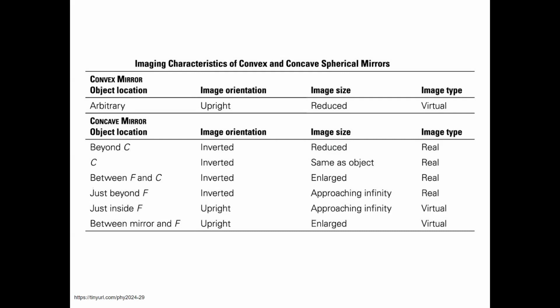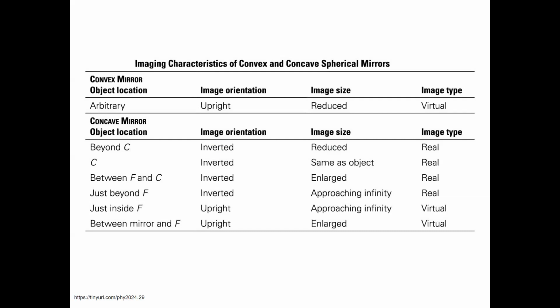So in that sense, for a convex mirror, you will not converge any rays. So the image formed by a convex mirror is always going to be a virtual image, because the reflected rays will never meet on the same side of the mirror. It's always going to be a virtual image, reduced in size, and upright. It doesn't depend on the location of the object.